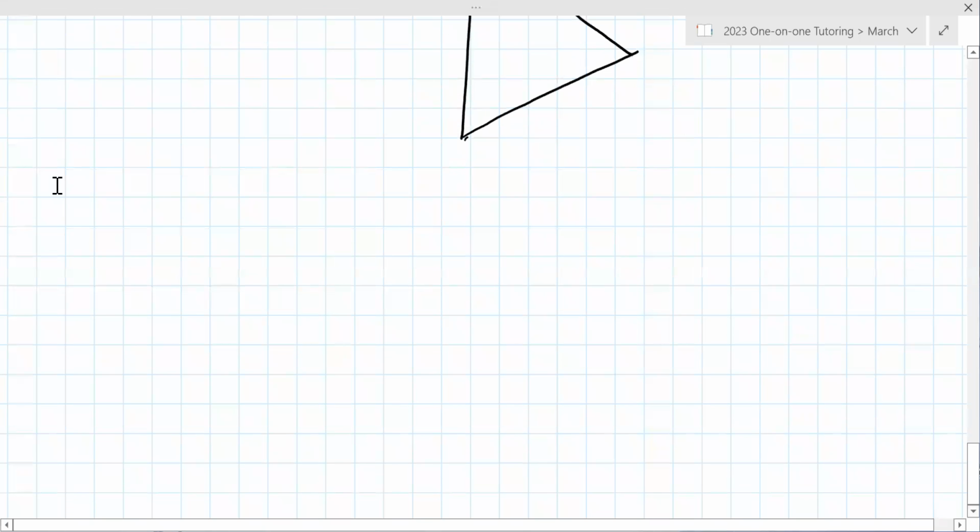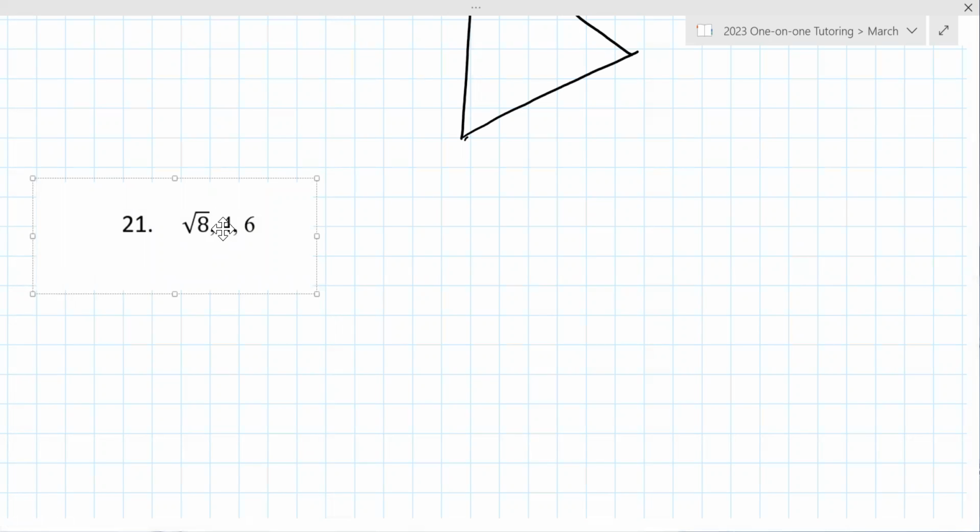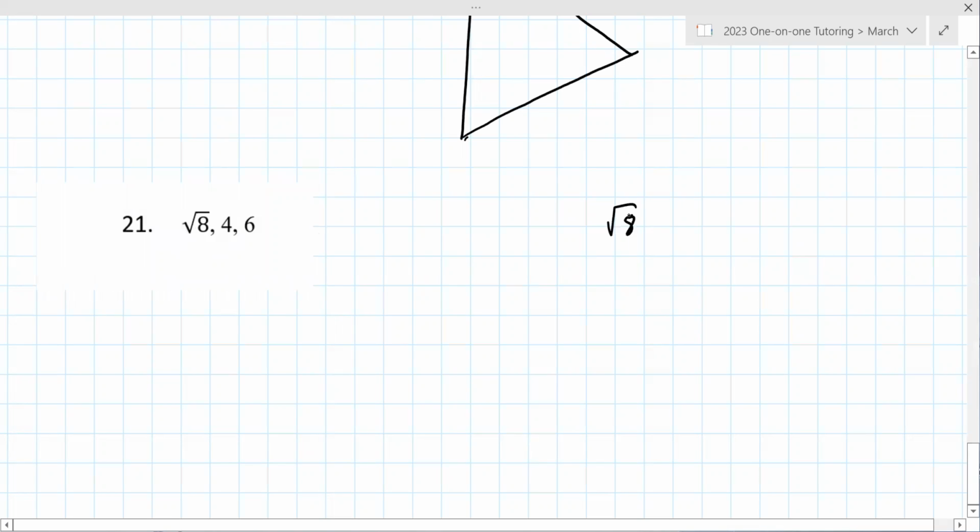All right, so here's another one. Are they in order? Is the square root of 8 less than 4? No, it's the greatest. Right? Square root of 8. Go ahead and type that in your calculator and see what you come up with. Your intuition will fail you on these numerical ones.